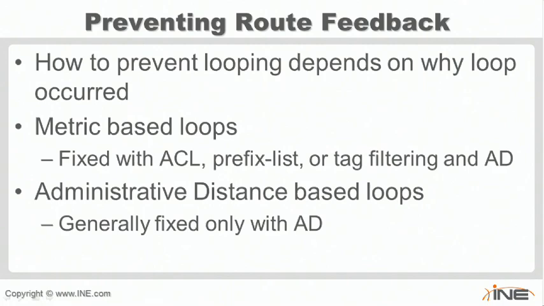Or if it's coming in multiple interfaces through multiple protocols, which is it going to choose based on the lower administrative distance? So again, ultimately, once you are proficient with route redistribution, you should be able to spend maybe 5 or 10 minutes just visually looking at the topology, tracing out the route path and figuring out where the issue is going to be before you actually do the implementation.